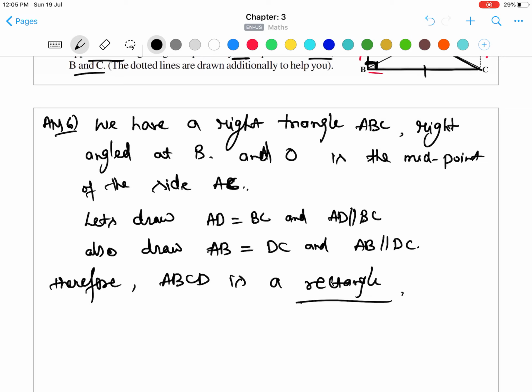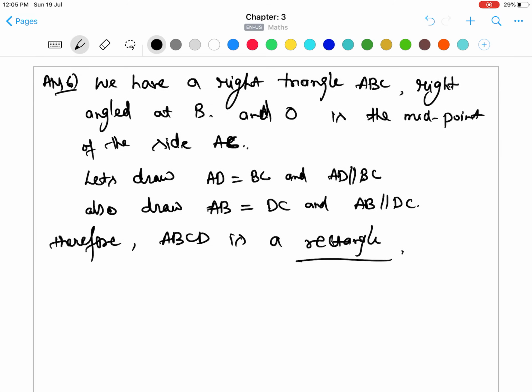Therefore, we know that in a rectangle the diagonals are equal and they bisect each other.